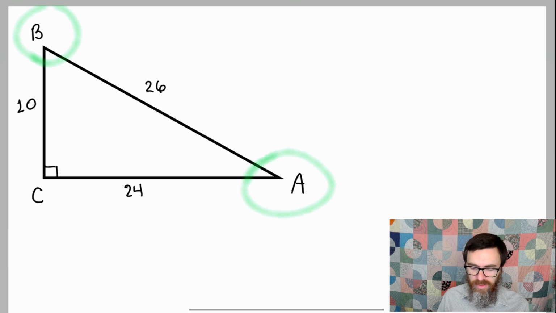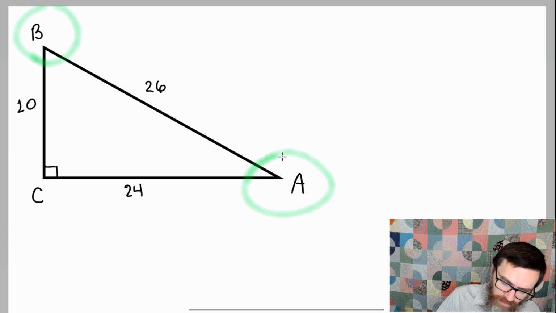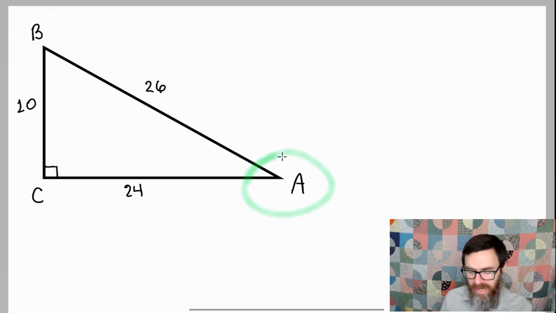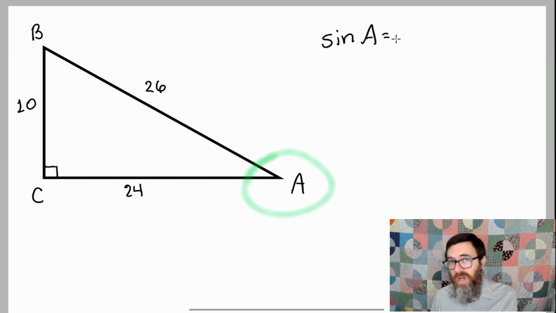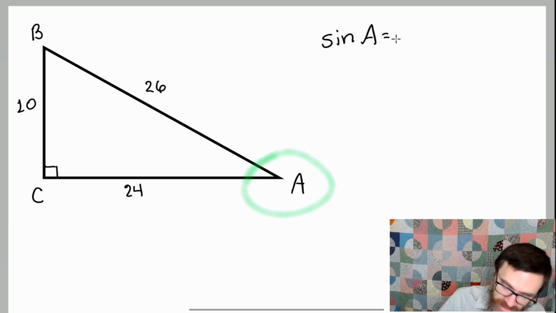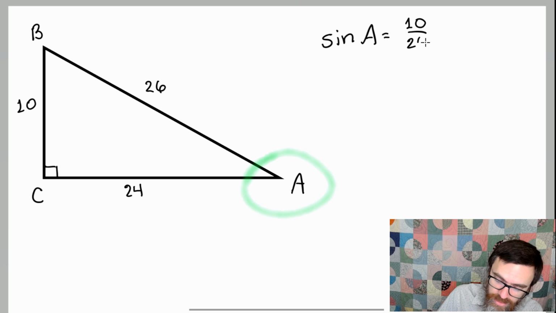So we're going to define these trigonometric functions using the same words that we used in the last chapter: adjacent, opposite, and hypotenuse. So if I were to focus on just the angle A right now, and we were to find the sine of A. Remember, sine is going to be the opposite side, which is 10, over the hypotenuse, which is 26.